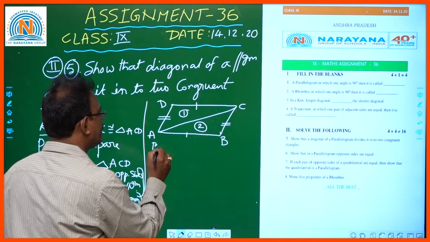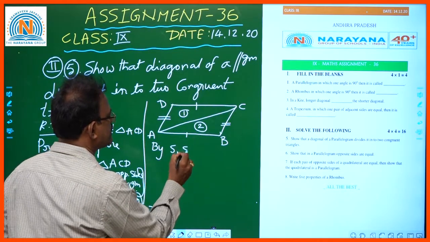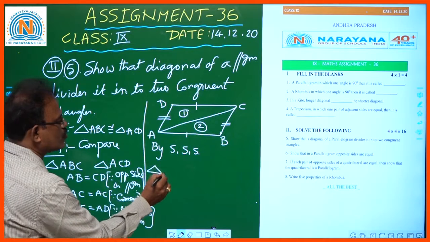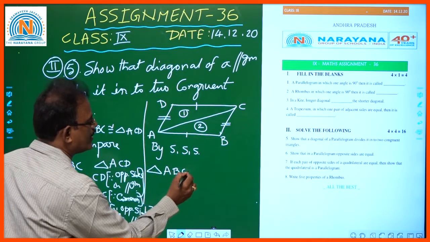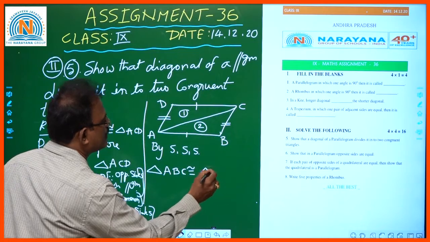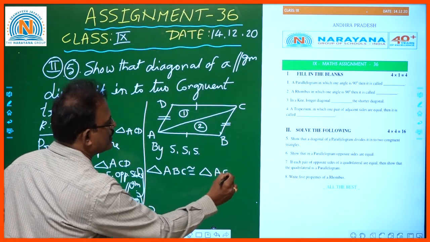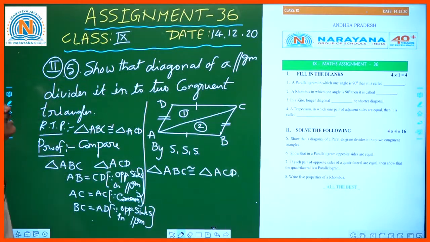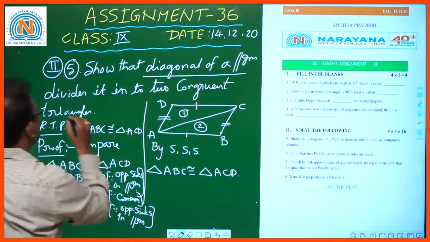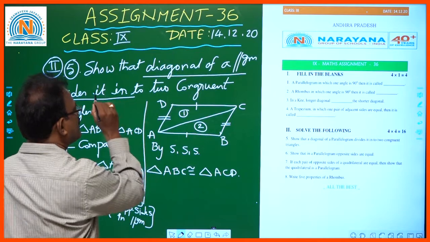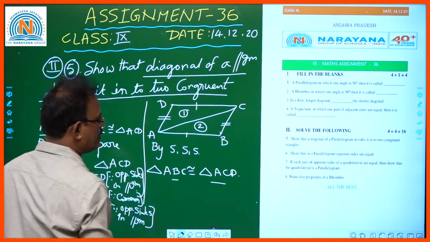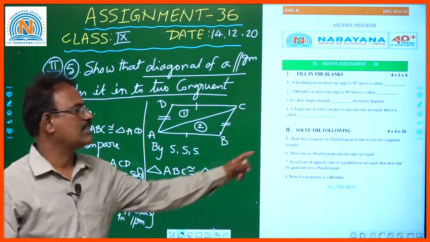So by side axiom, we can say that these two triangles are congruent, ABC and ACD. So from this we can say diagonal of a parallelogram divides it into two congruent triangles. Okay, children. So this is the explanation for question number 5.